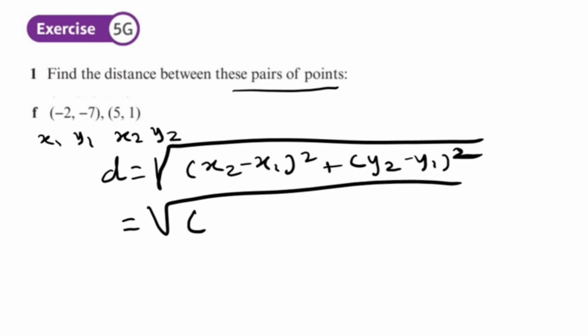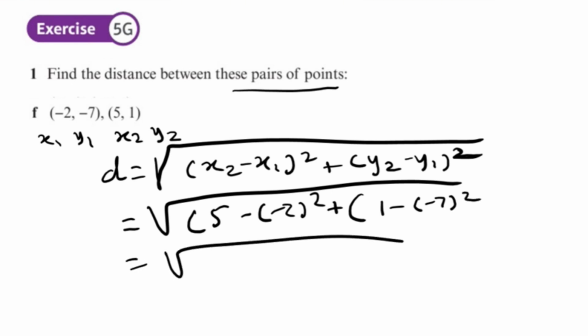Substitute the values. My x2 is 5, so 5 minus 2 squared plus 1 minus 7 squared. You can use a calculator to simplify it. That will give us 5 plus 2 squared plus 1 plus 7 squared.